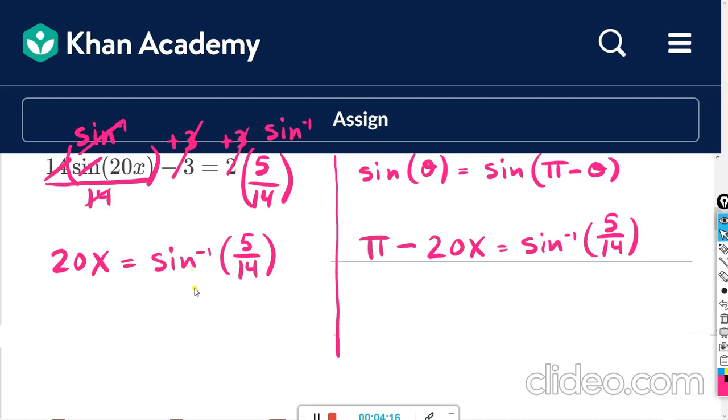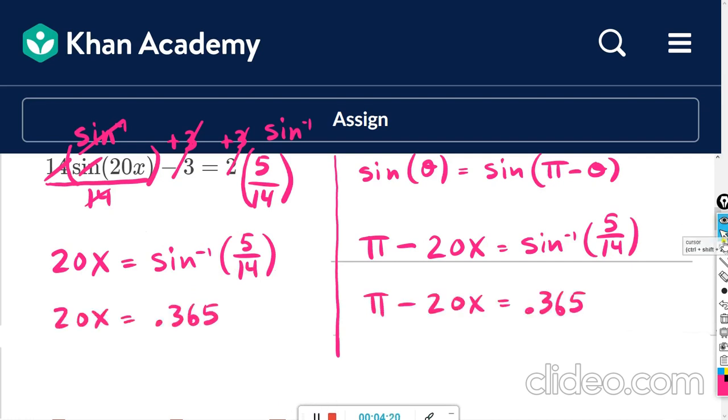Make sure it's set to radians. On the calculator I get 0.365, and solving for x we need to divide both sides by 20 over here. I'll do this on the calculator. And I get 0.018.